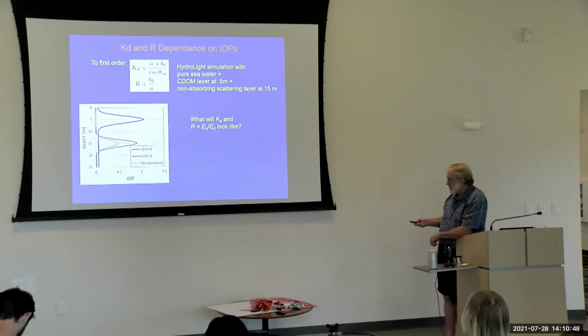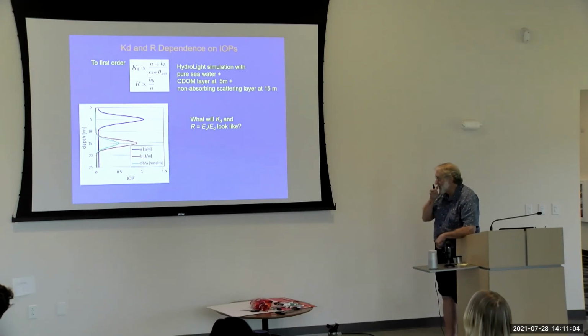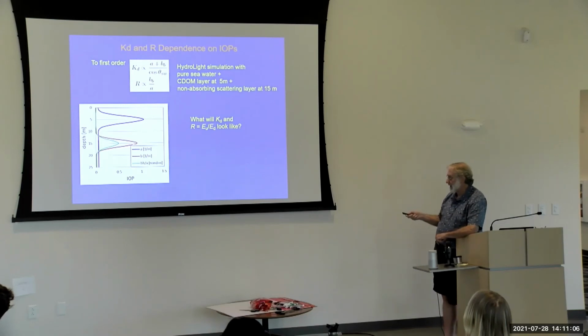I put in a profile of IOPs here where I have an absorbing layer at 5 meters, and then I have a non-absorbing but highly scattering layer at 15 meters. So this might be like a lot of little quartz particles.